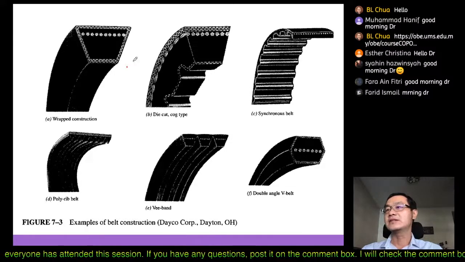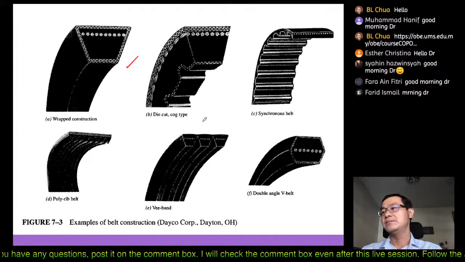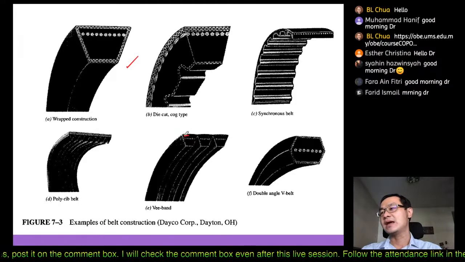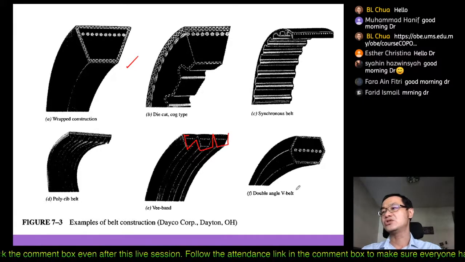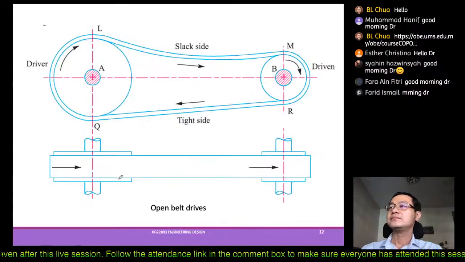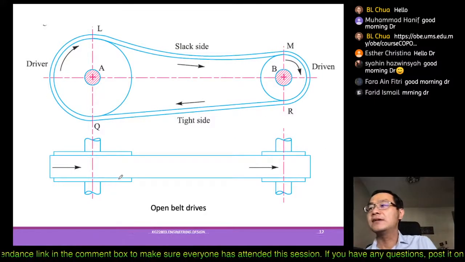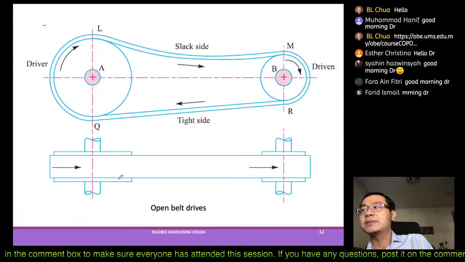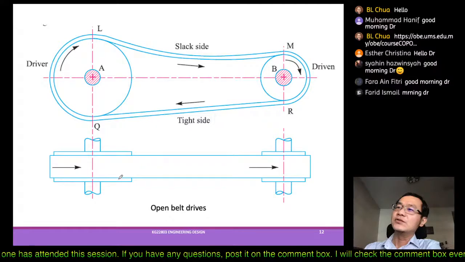You can have the simplest one to multiple bands. So you can have a 3-strand belt, and so on. Again, we can have the belt installed in different ways.